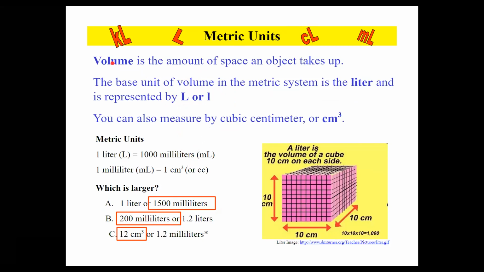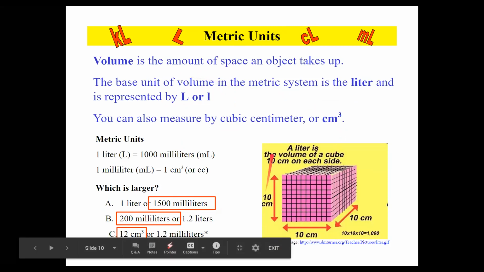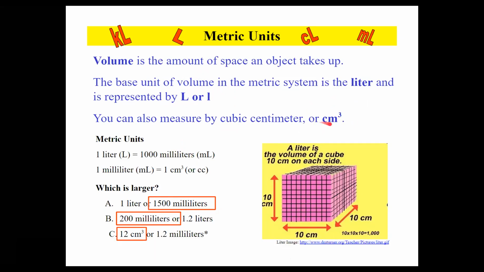So volume is just the amount of space an object takes up. We can measure volume in terms of its liquid volume. So if we put this object into water, how much water would it take up? How much space would it take up? We can also represent it by cubic centimeters. So if you ever see a cm3, that also refers to volume.